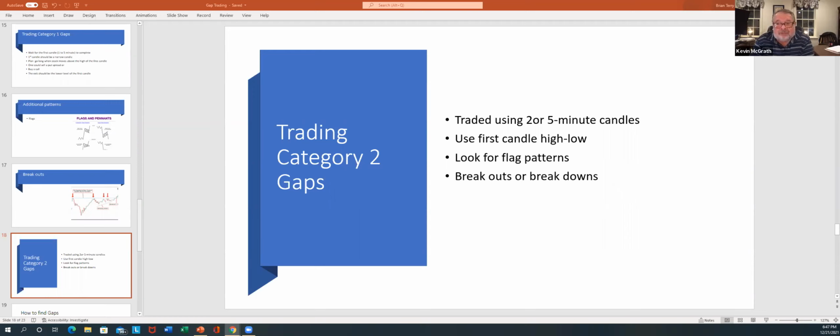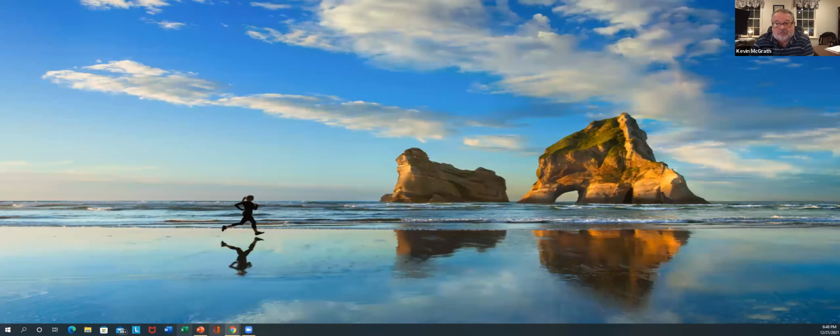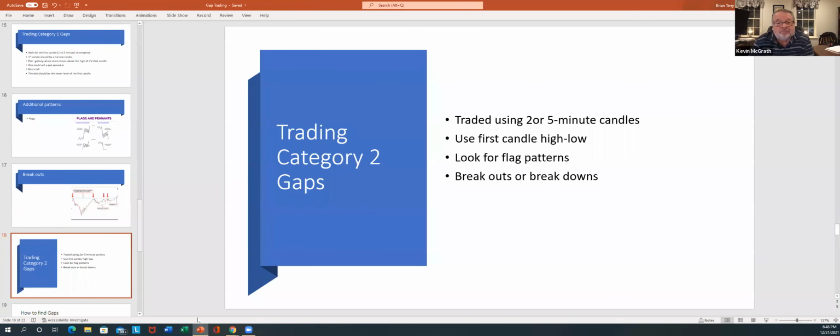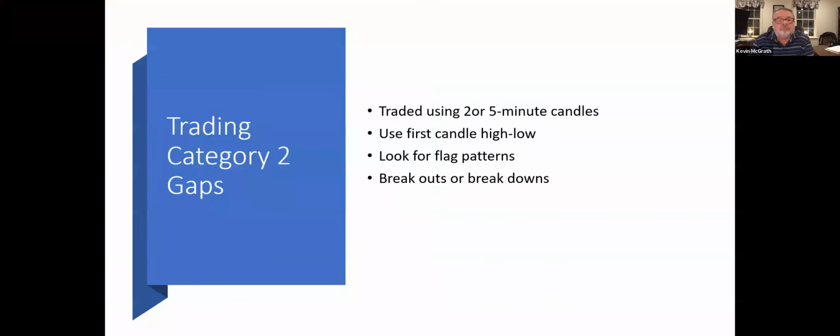If it doesn't make it, I'm not hanging around, even if it turns back around. In the first half hour I'm not hanging around. But it's very good. I think it works 60 to 70%. So did that answer your question?